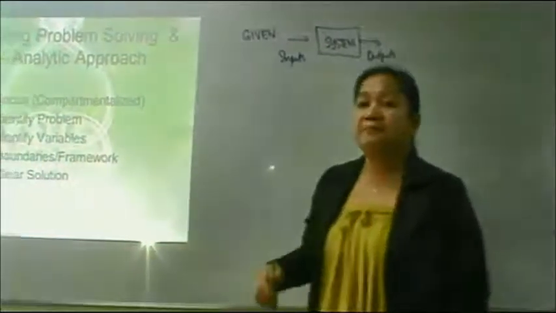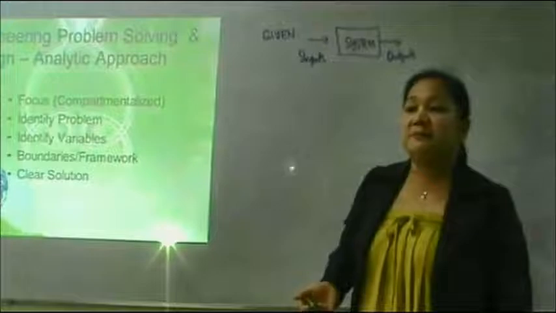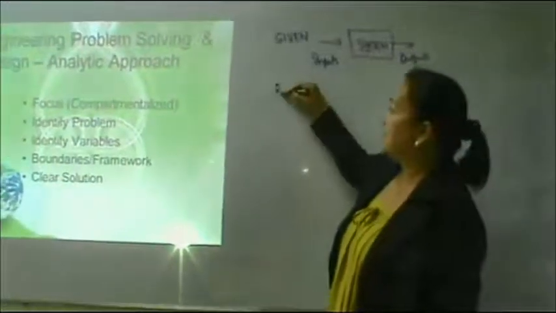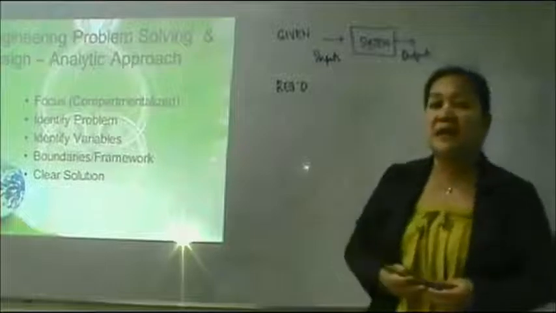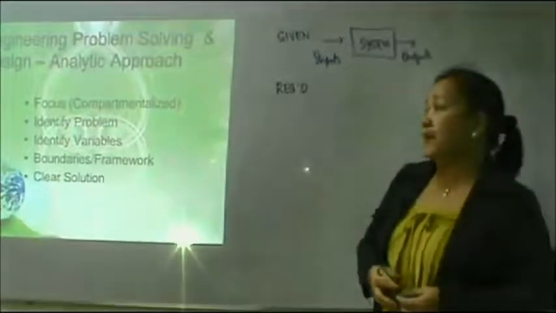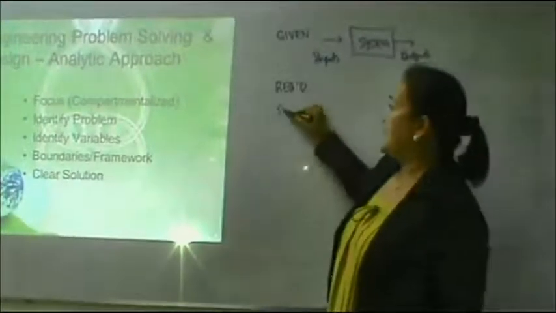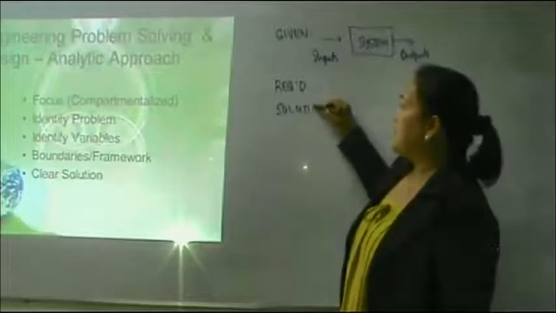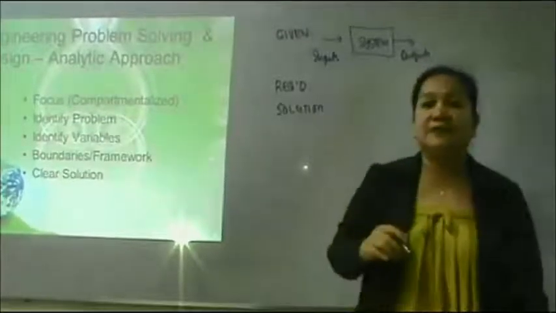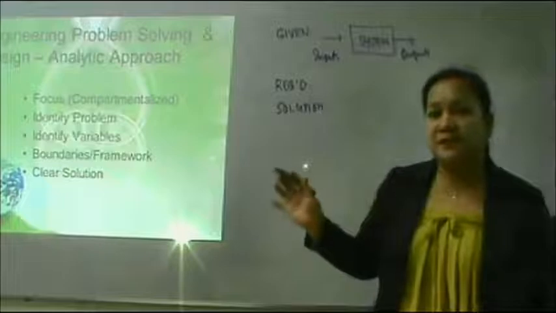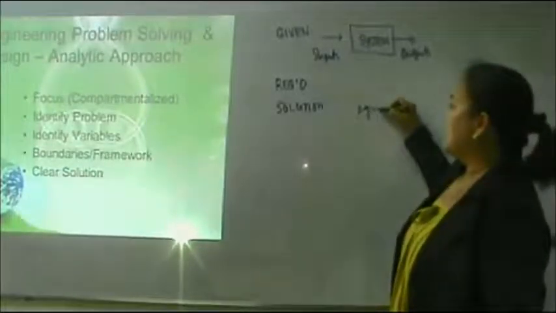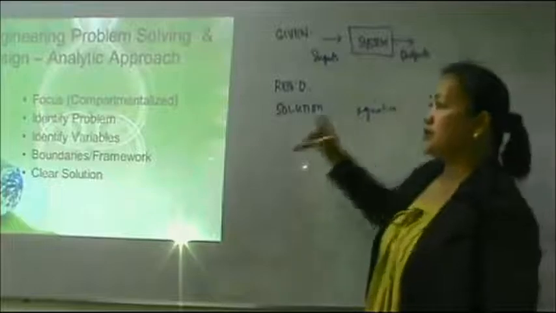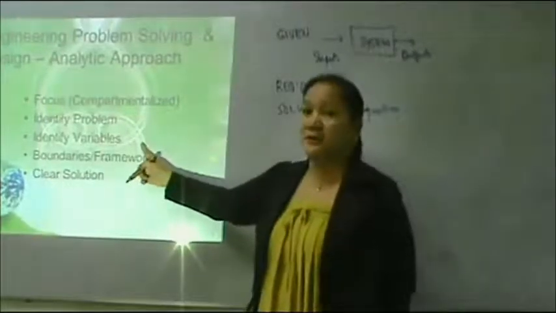The next step in mathematical problem solving is to identify the required. So that is actually identifying your problem. And then next would be you solve the problem. In solving the problem, the first thing you need to put in your solution is what? The equation, right? So when you identify the equation, you're actually identifying the variables.